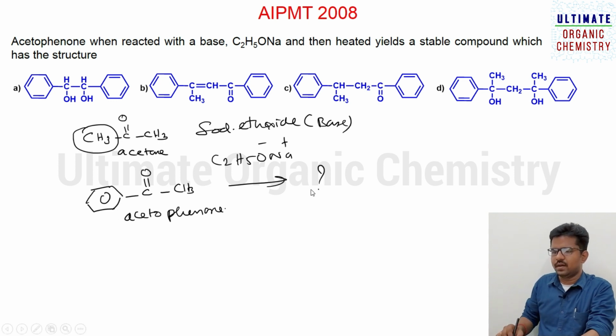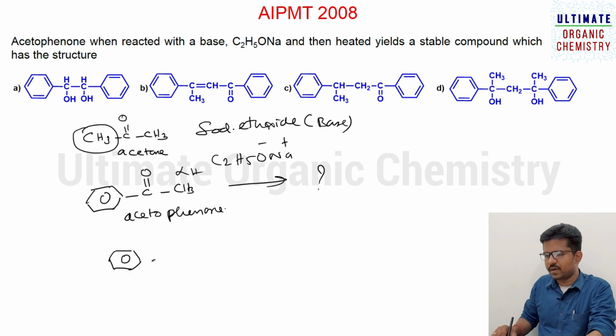Now it has alpha hydrogen and here you have a base. That means you must immediately think that it is aldol condensation. So I am going to write the product. You put C double bond O in a straight line and put a methyl here. Next, you need to take another mole of acetophenone. For that purpose, you have alpha hydrogen here, so I am drawing it this way.